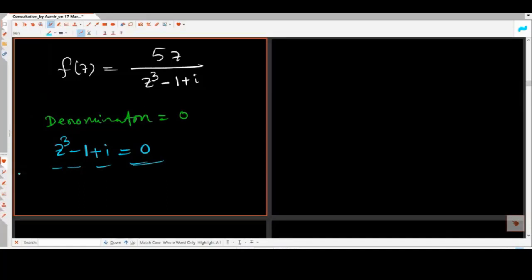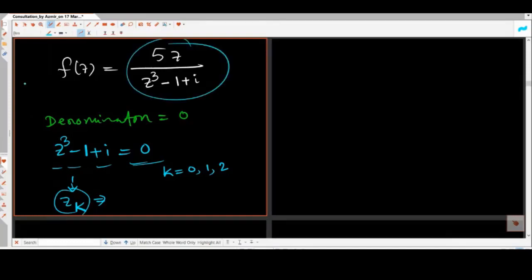We know de Moivre's theorem that we learned in earlier sessions. There will be three solutions, namely z_k, for k = 0, k = 1, k = 2. That is how we can find all the points where the function is not analytic.